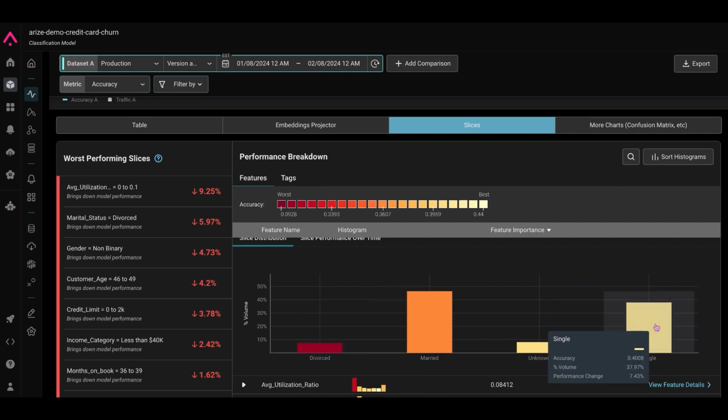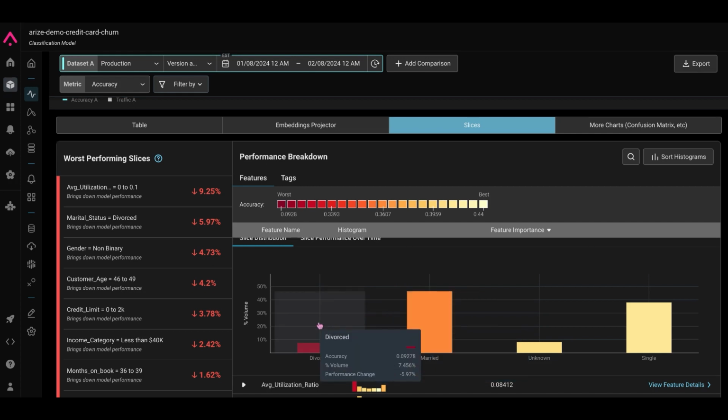We're doing a pretty good job at predicting when single folks are going to stay with us. Single folks are less likely to churn if they have their credit card. And then married, some of them are churning. Maybe these are folks that are now creating different accounts and they're changing up their credit cards or they're joining on credit cards. So there's a little bit of turbulence here, but not nearly as much as divorce.